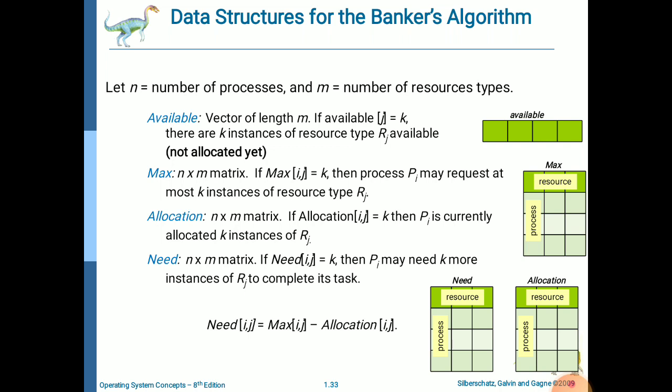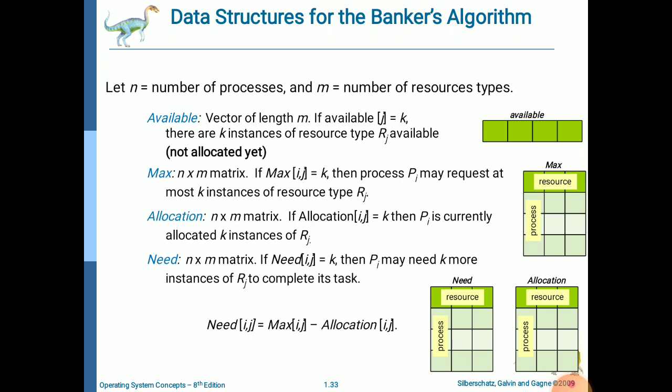Similarly, when you look at the max n into m matrix, max of ij equal to k means that for process i, the resource j is required up to k instances, so maximum required.